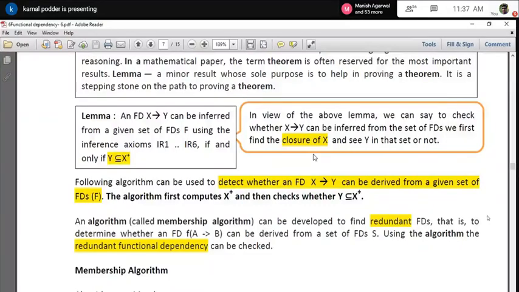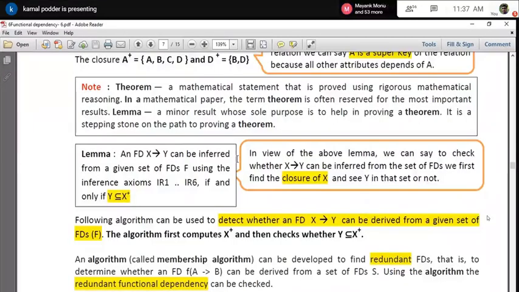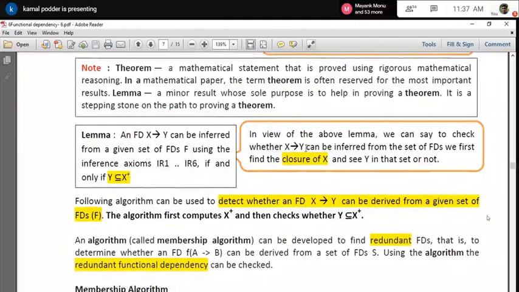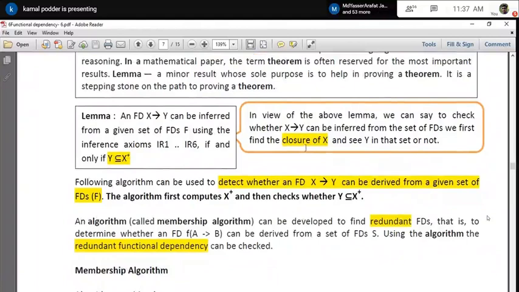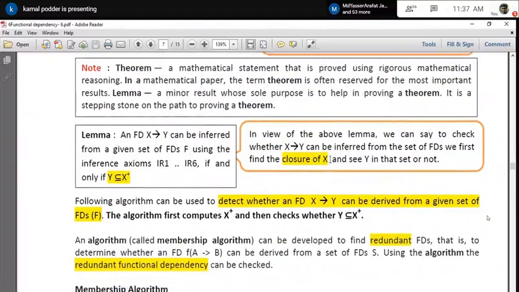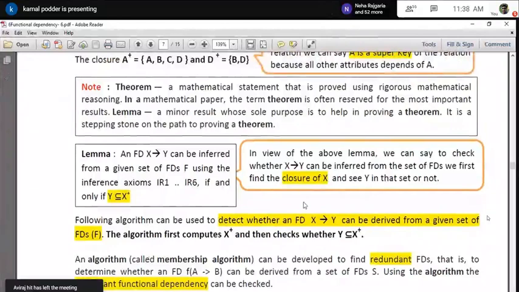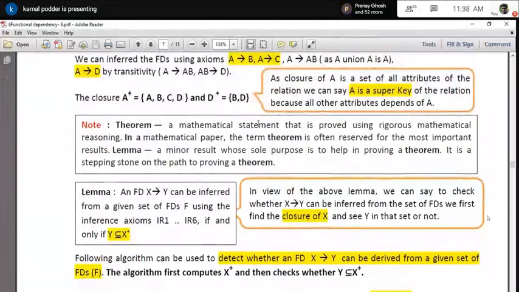Then only we can say that this FD can be inferred from that set of FDs. In other words, that FD might not be necessary, it is redundant. And if you find that this closure represents all the columns of that relation, then we can infer that this is a super key.